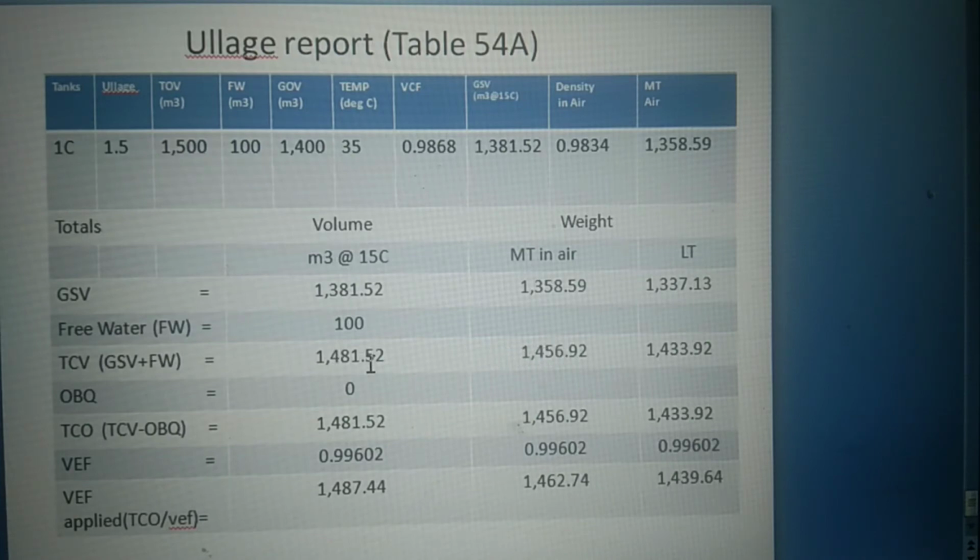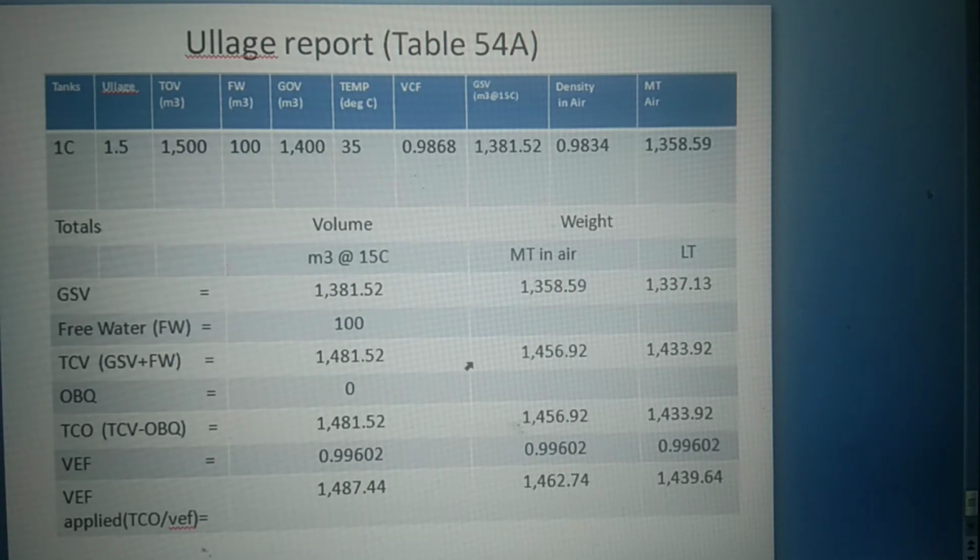So we will convert this into weight quantity, then we will get 1481.52 times density in air 0.9834. So we will have 1456.92 metric ton air.